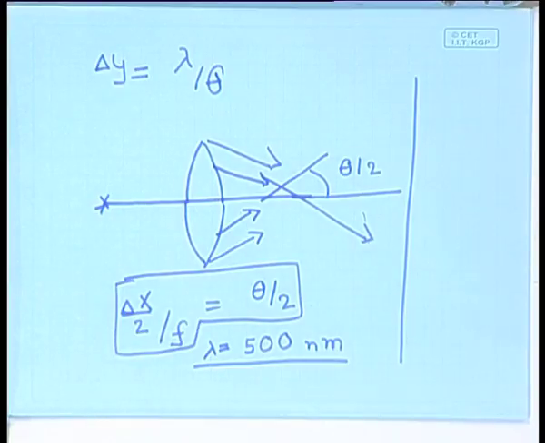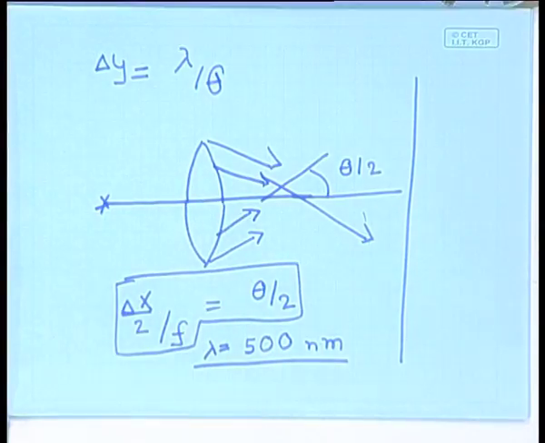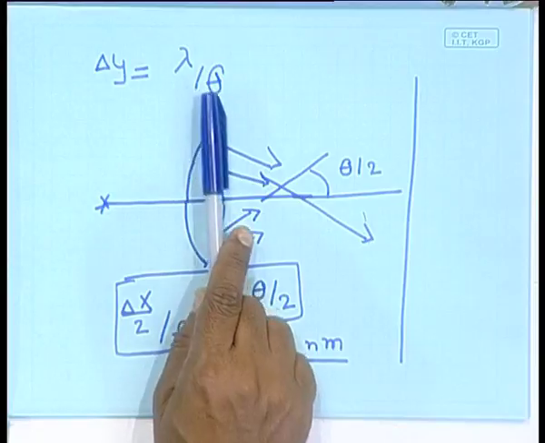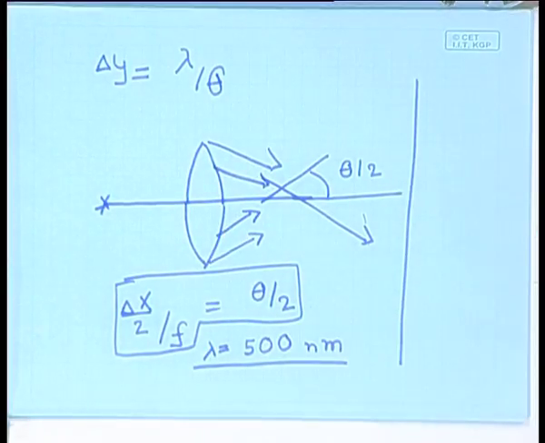And so, you can calculate this for the values which have been given to you. 1 millimeter is delta x, f is 25 centimeters. So, for these numbers you can calculate theta, lambda is given. So, you can get the fringe spacing on the screen. So, this is one particular situation where we can apply some of the things that we have learned in today's class and in the previous class.